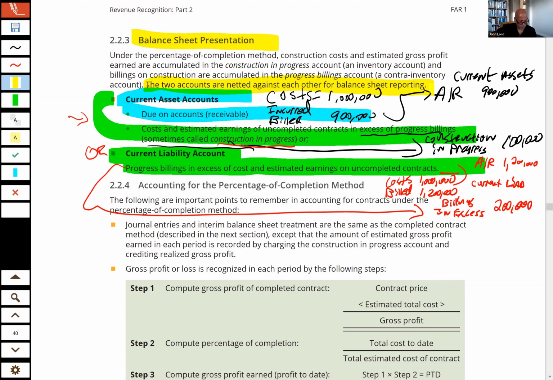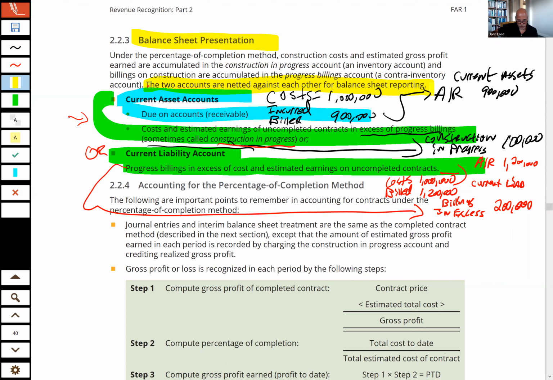Right, but then the book is saying the two accounts are netted against each other for balance sheet reporting, which to me means they're going to balance that liability and the current asset for more than one contract. You're talking about things that different people want to see, and that could be some sort of agreed reporting format.